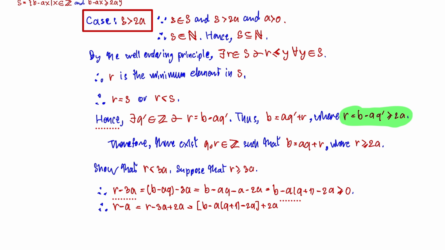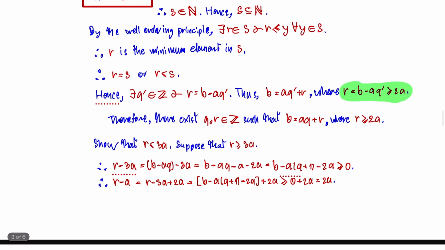Which is greater than or equal to 0 plus 2A, which is 2A. And right now we have R minus A greater than or equal to 2A.